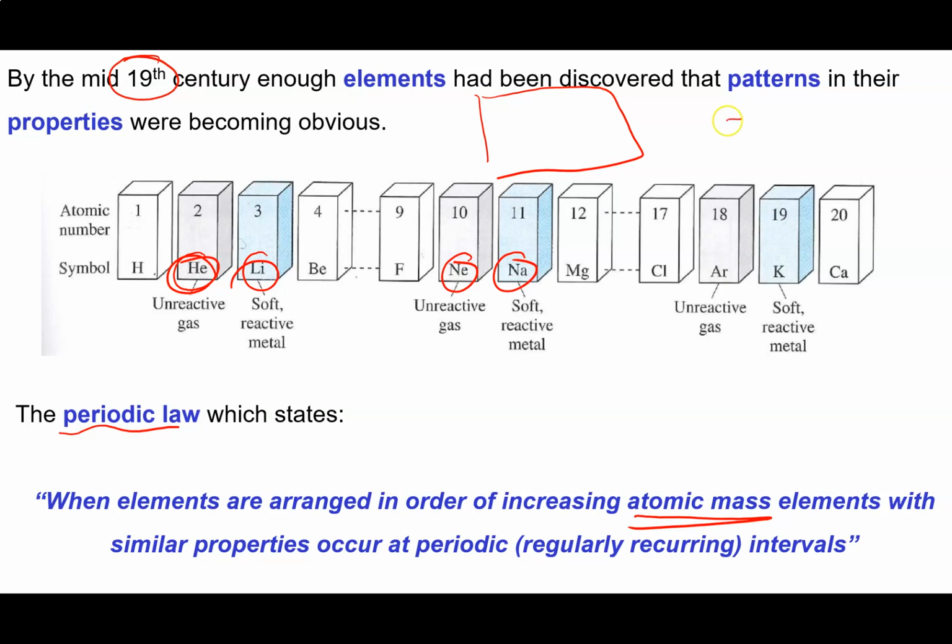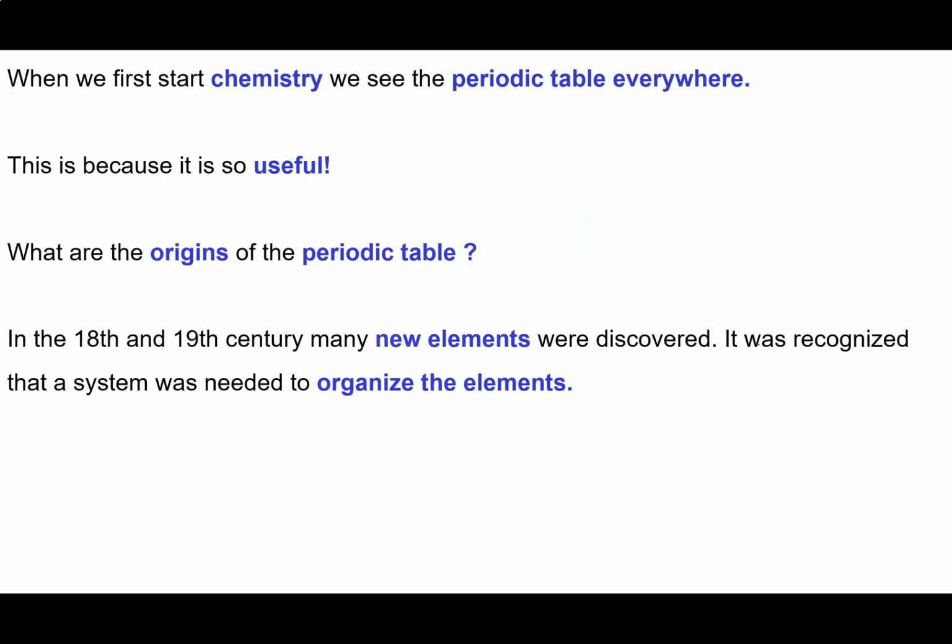By the time you get to 50 or 60 elements, that becomes an awful lot of information to memorize, and you start thinking, how can we do something better than having a deck of cards with all of the properties of the elements written on them? The key thing is recognizing that patterns repeat every now and then.